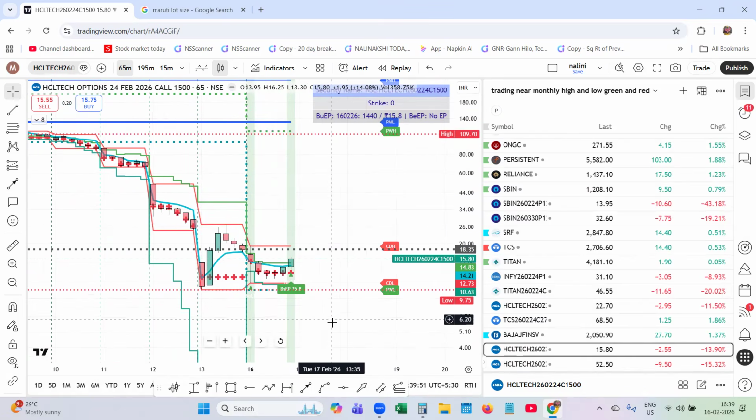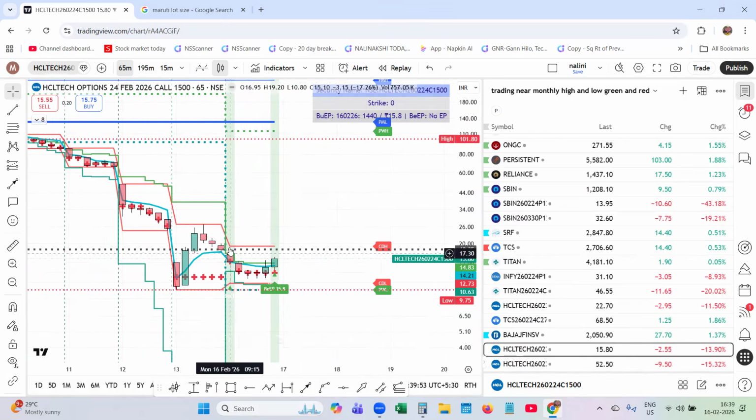You can keep it in your watch list. Even the EP has been triggered. All my indicators are supportive for the market structure, and I do this process religiously. You have to do it. See, the process is very, very important.